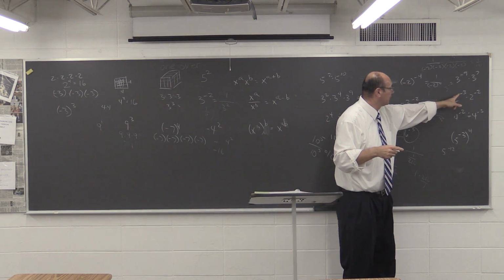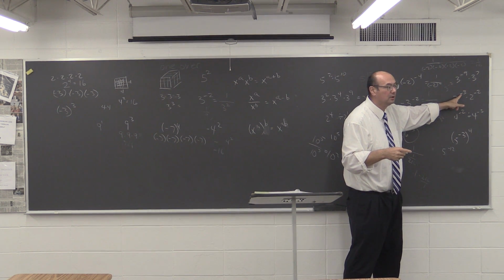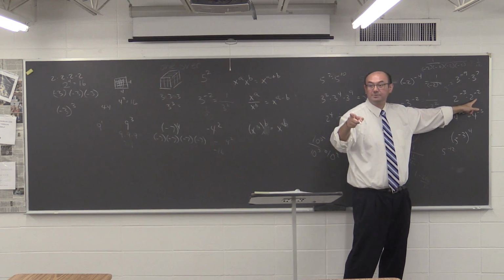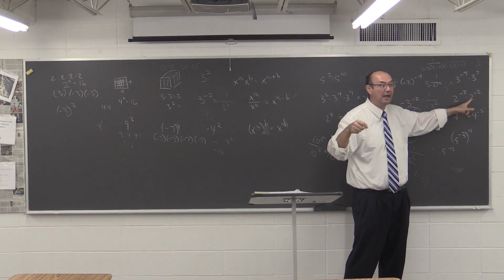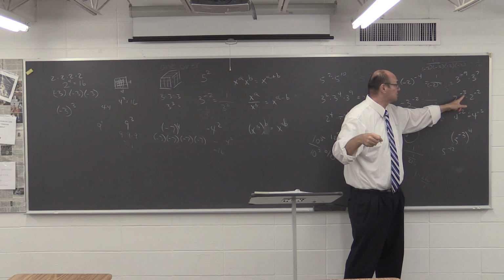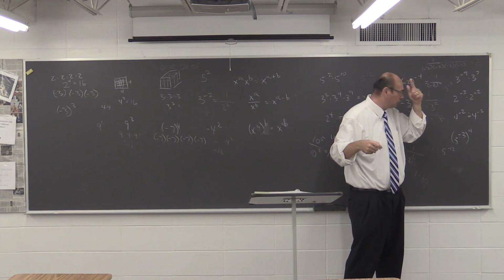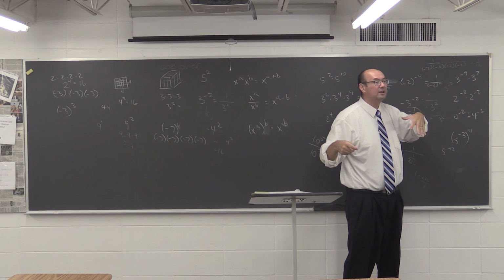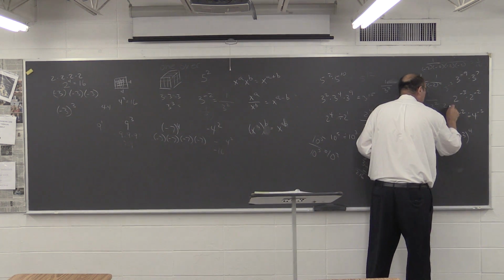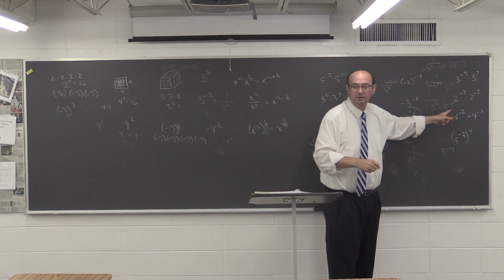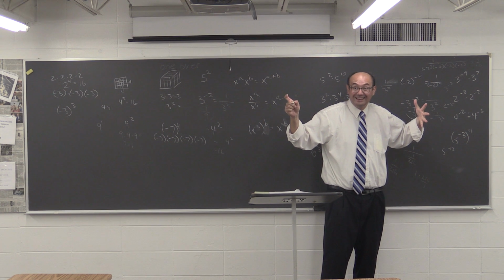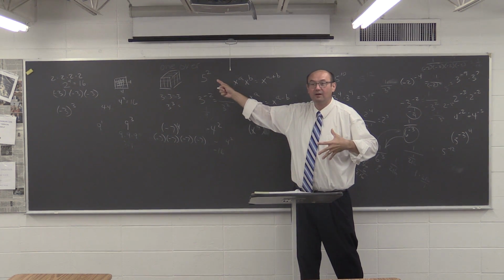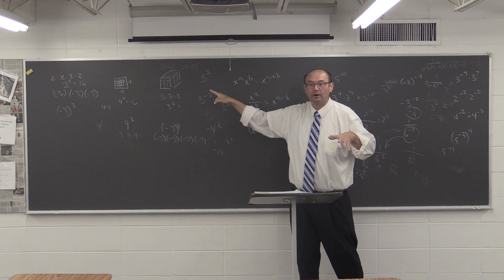How about this? Negative 3 plus a negative 2. Same sign, we add and keep the sign. What's 3 plus 2? 5. Negative 5. 2 to the negative 5. Negative exponent, 1 over.